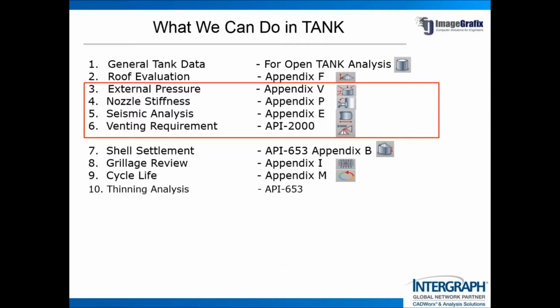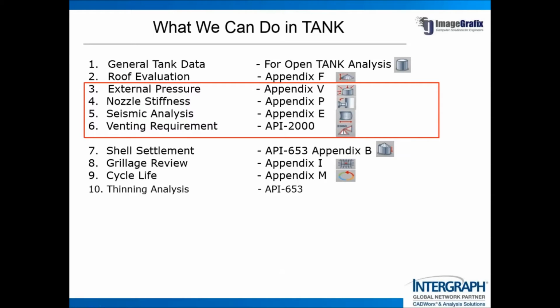The thickness of the bottom and the spacing of the beams are analyzed to ensure the bottom is stable under the liquid load, and that the spacing does not require too thick a floor plate. So these are the things that we can see in the girder review.